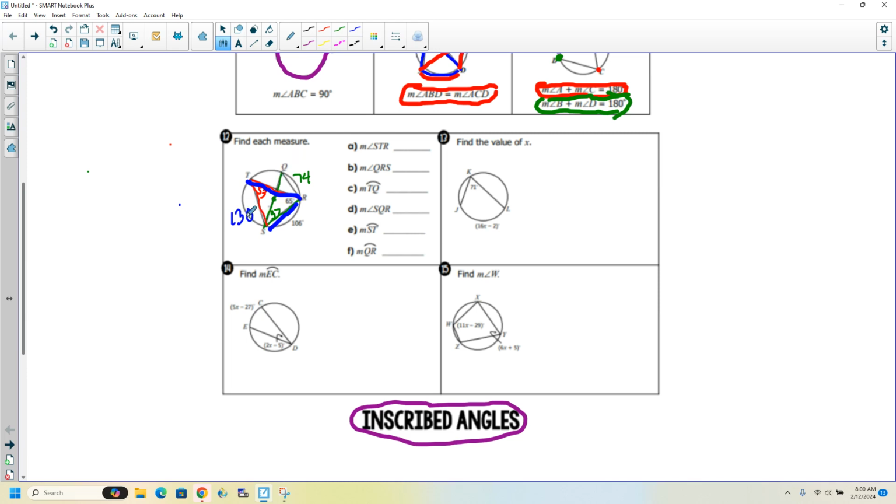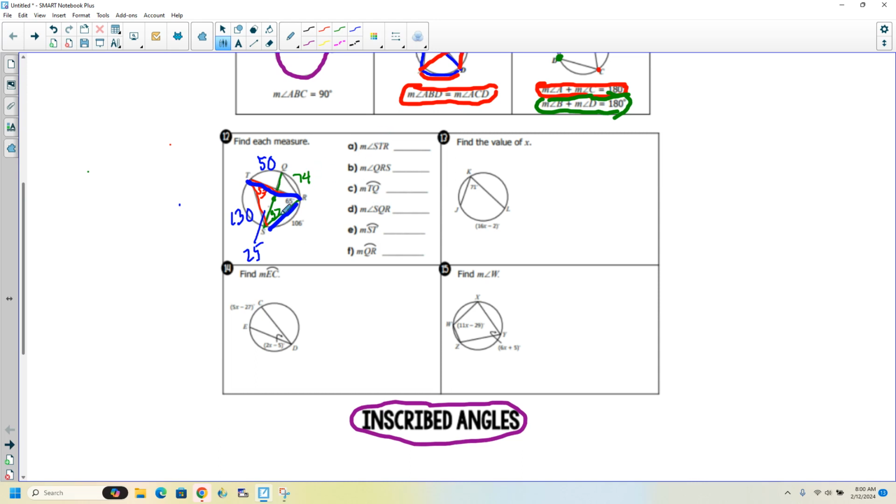Once again, because of the semicircle, if that's 130, 180 minus that tells me this is 50. And that tells me that this angle, if I trace it back, right there, is half of that, which is 25. Let's see what I've got over here and see if I need to keep looking for other things.